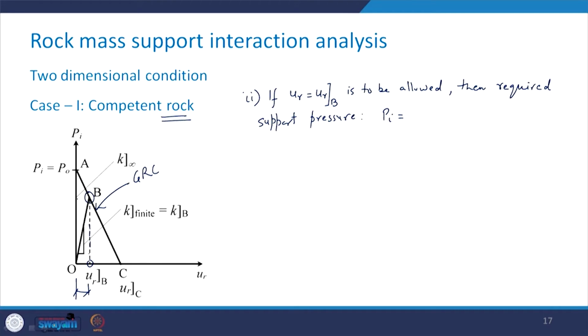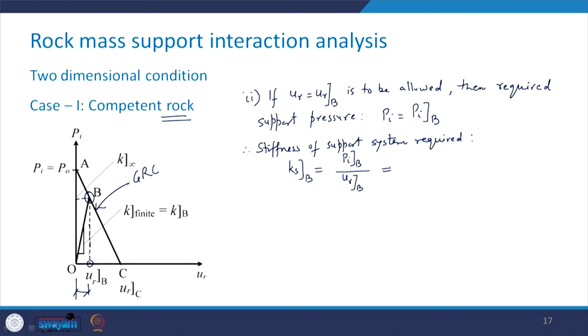So corresponding to this, whatever is the value of Pi that I will get, it will be equal to, say, Pi at B. So therefore in this case, the stiffness of the support system which is required will be Ks at B is equal to Pi at B divided by UR at B, and this is going to give me the finite value.